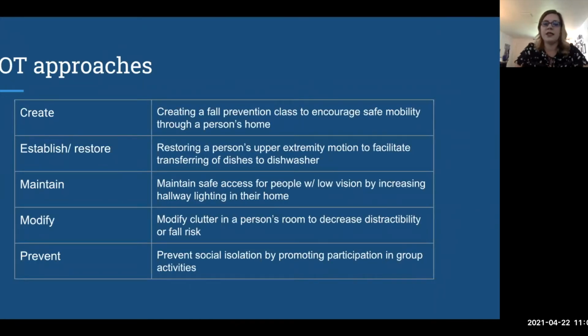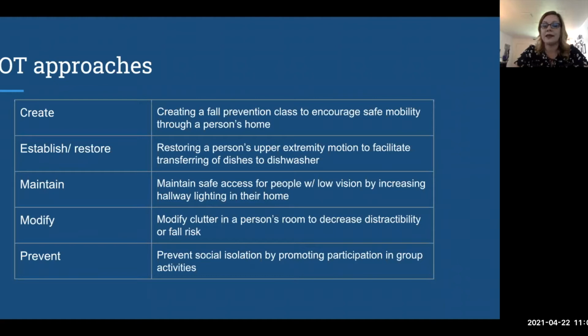So after the activity analysis is complete, OTs have 5 different approaches to implement change. I've included some examples for each approach that might be relevant to a setting such as Sonata West. So the first approach would be create. So creating a fall prevention class to encourage safe mobility throughout a person's home. Then we have establish or restore, restoring a person's upper extremity motion to facilitate transferring dishes to a dishwasher.